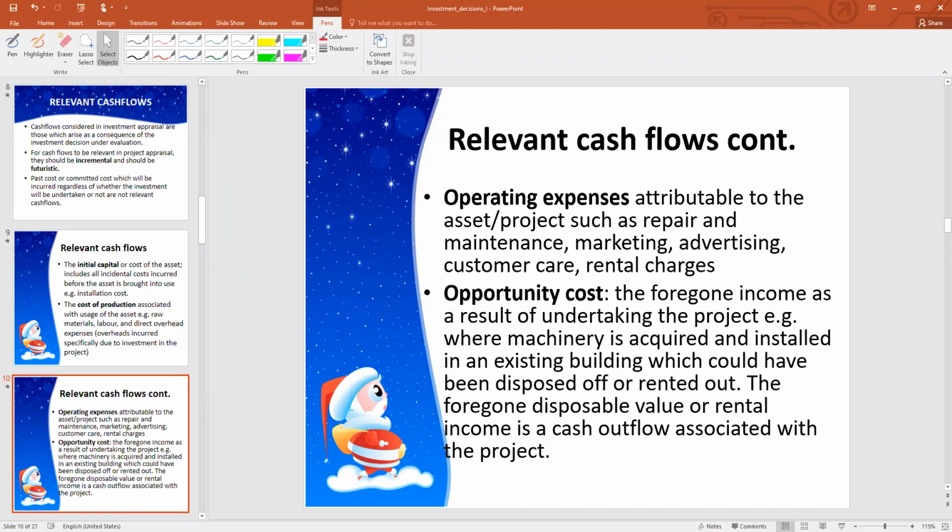Therefore, the rent you used to earn on that particular space, which you now want to use, is lost. You will no longer be earning that rent going forward. Therefore that's a lost benefit. So when it comes to the analysis of this new machine, you have to consider that you used to earn rent on this space but will no longer earn it going forward. Therefore, we have to consider it as a cash outflow for this new machine. It's money out of the business, which you used to earn, but now you will not be earning.